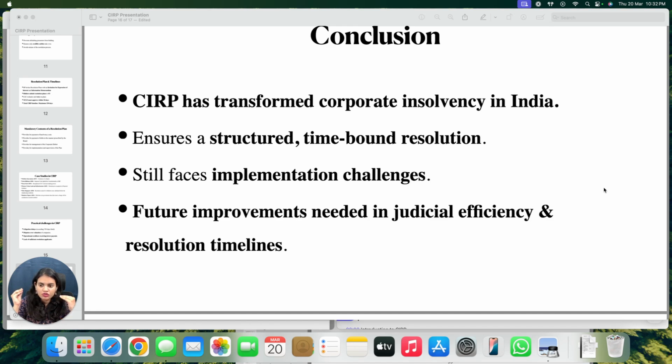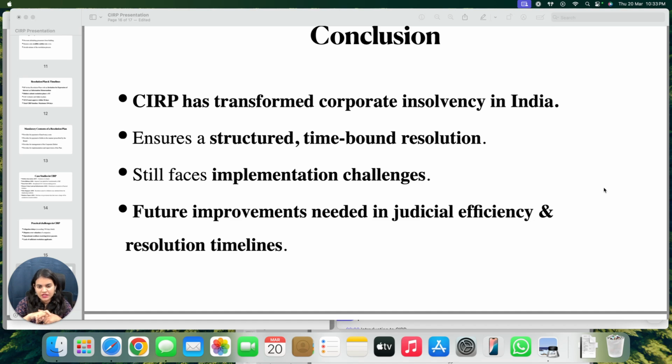So this is more of a long-term approach, and for the betterment of the economy as a whole. Ensures a structured and time-bound resolution as compared to other processes that were in place earlier. This is still slightly quicker, much quicker, I must say, and also provides a singular forum and a structure in which the resolution process has to be conducted.